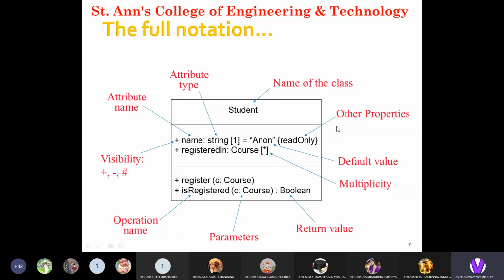In UML terminology, access specifier is called visibility. So UML has only visibility, which can have three types: public, private, and protected. Public is a plus symbol, private is a hyphen, and protected is a hash symbol. Like this we can define the visibility.